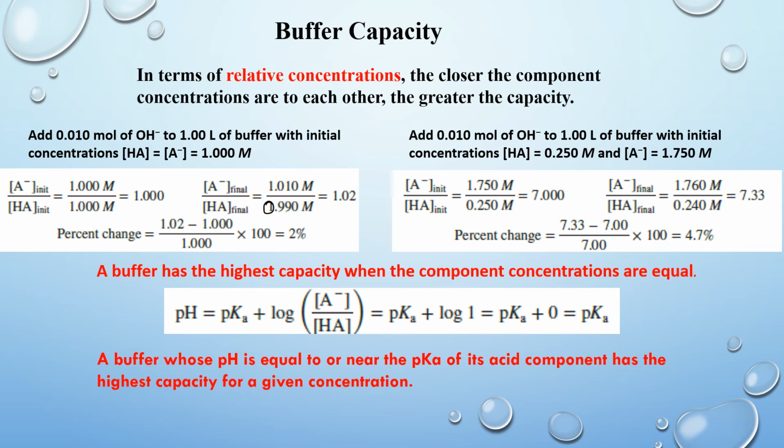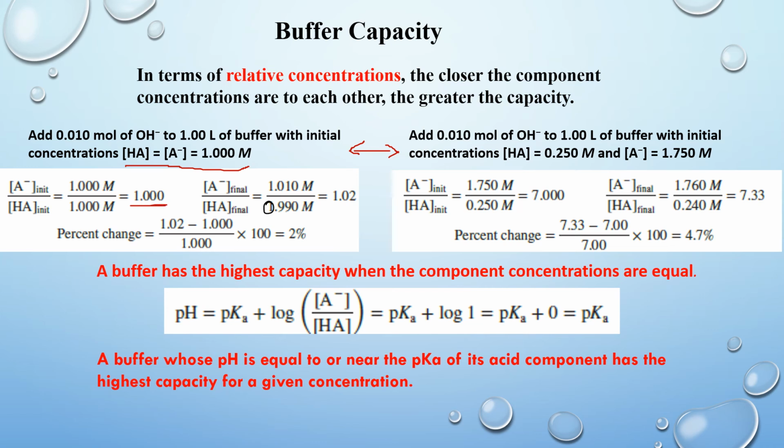So in this slide, let's look at a couple examples. We have a two buffer system, right? They have a different relative concentration of the acid and base. For the one on the left, you have the same concentration of acid and base, so the initial ratio is equal to 1.